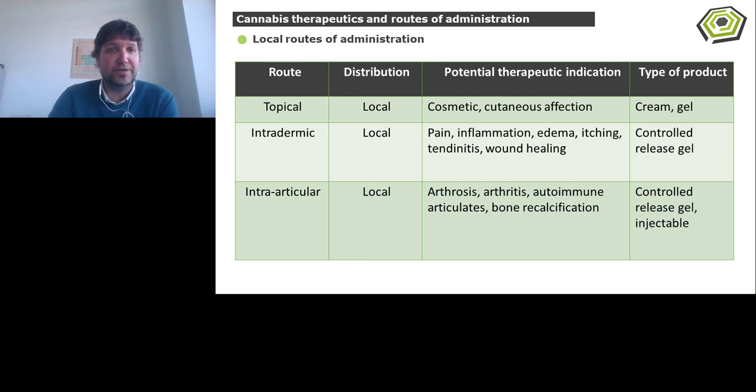Applications of this formulation could be topical, for a cosmetic or cutaneous infection, such as dermatitis or eczema, in the presentation of a cream or a gel. We could have intradermal administration, where there will still be a local distribution. We could do this by injecting intradermally or by coming up with formulations that are able to penetrate the epidermis into the dermis.